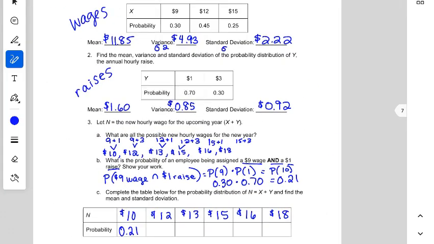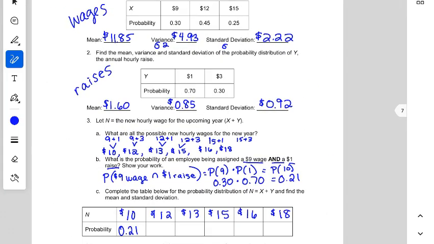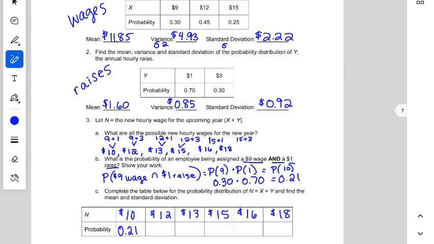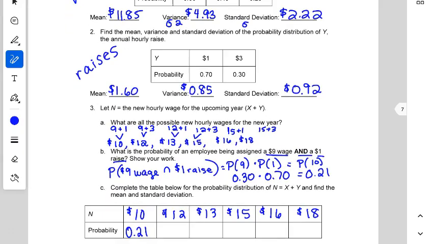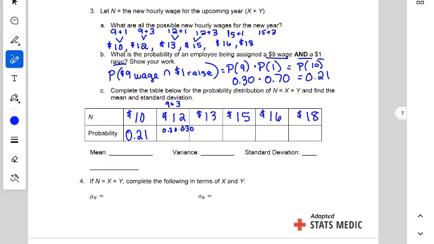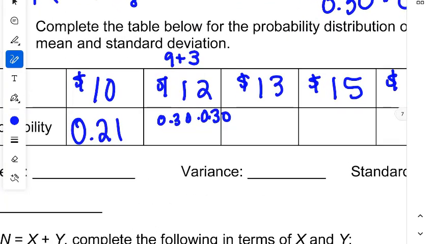So $12, we would multiply 0.45, no, 0.30, because it was, right, the $9 and the $3. So that would be 0.30 times 0.30. So 0.09. So do that for each of these on the table. Go ahead and do that.